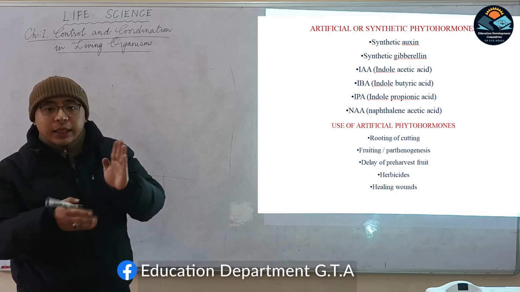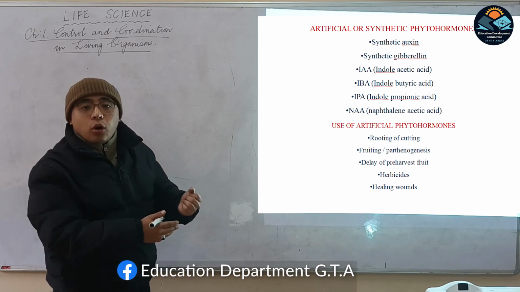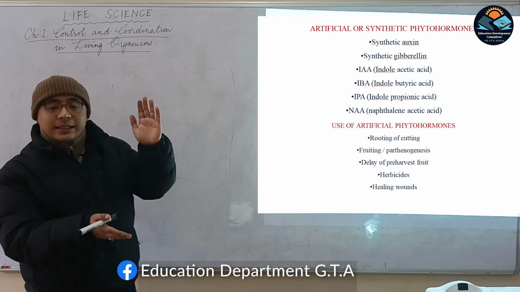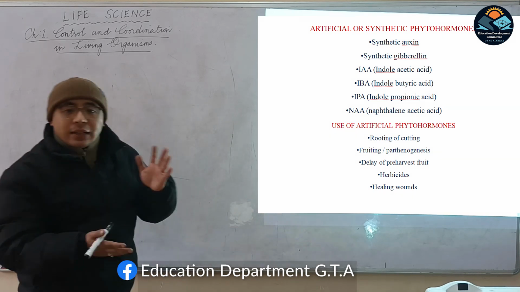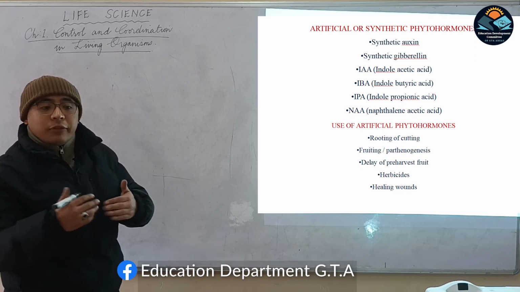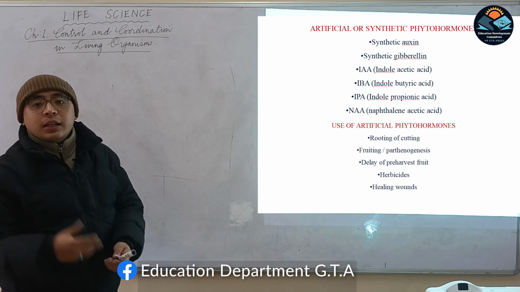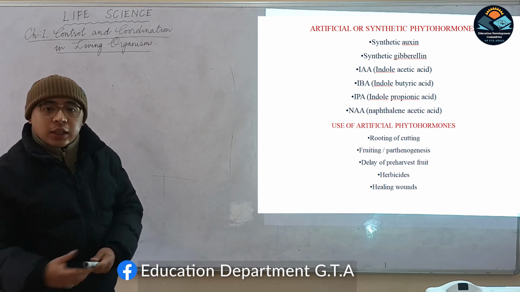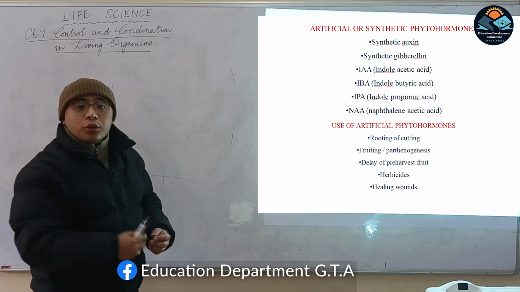When we apply certain artificial phytohormones on the cut part of that stem, it speeds up the process of rooting, allowing the cutting to initiate rooting at a faster rate, and a larger volume of roots can be seen coming out from the cutting.